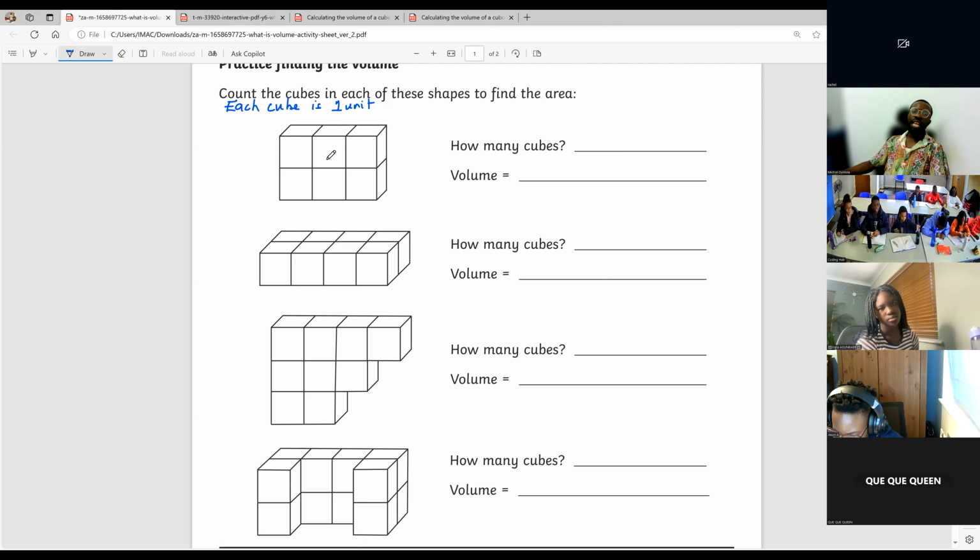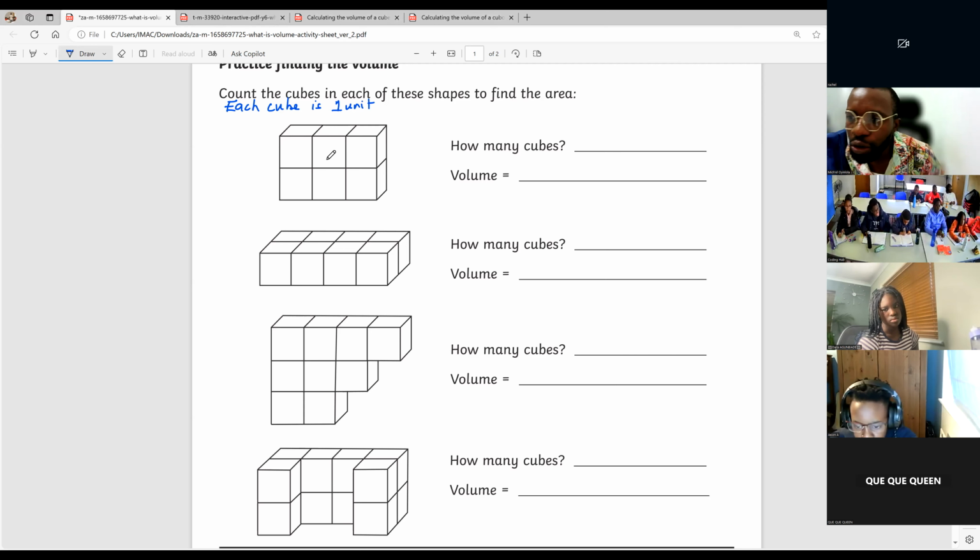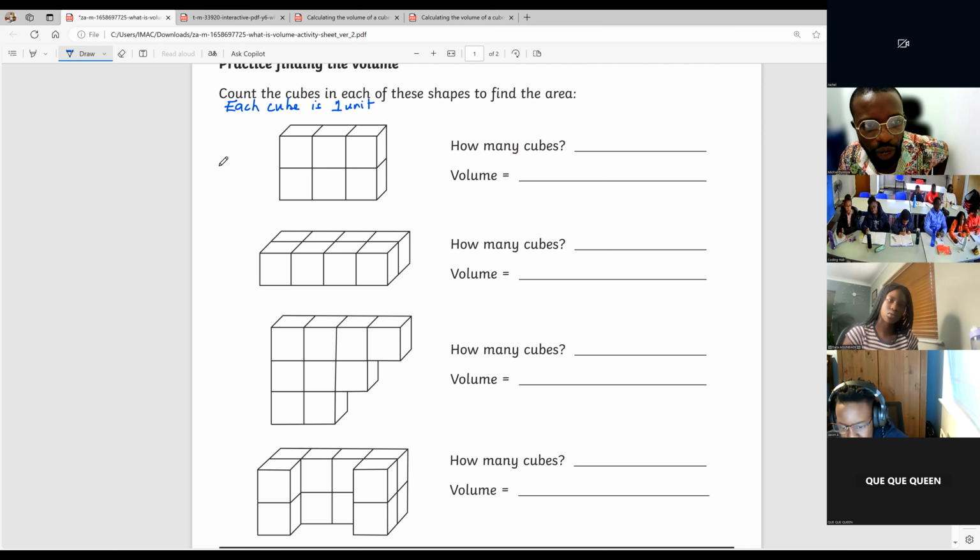So guys, let's see the first. You're not drawing any of this. I just want you to pay attention, because if I ask you to draw it, it's going to take the whole day. But let's see how to count the cubes. How many cubes can we see here? Let's count the first one.